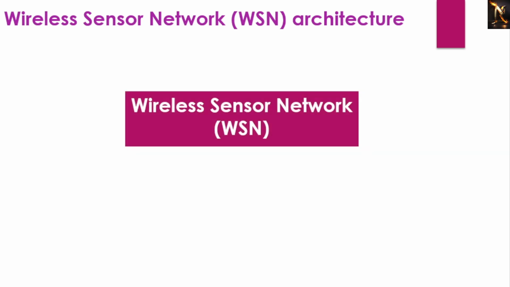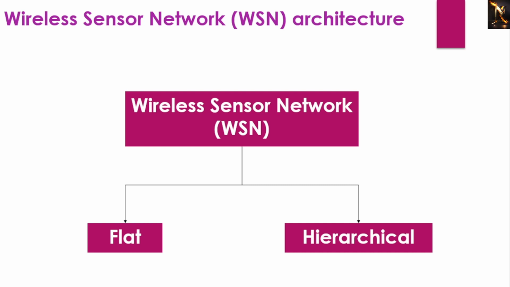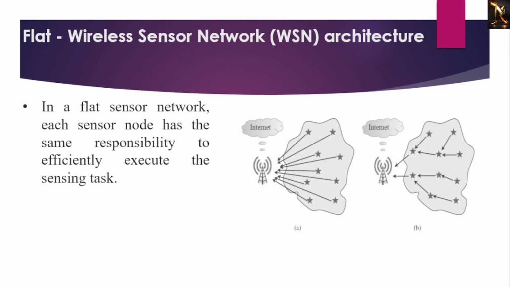The architecture of a wireless sensor network, WSN, is characterized by two main structures, flat and hierarchical. In a flat sensor network, each sensor node shares an equal responsibility for efficiently performing sensing tasks. The sensed data is then transmitted to the sink using either single-hop or multi-hop communication.